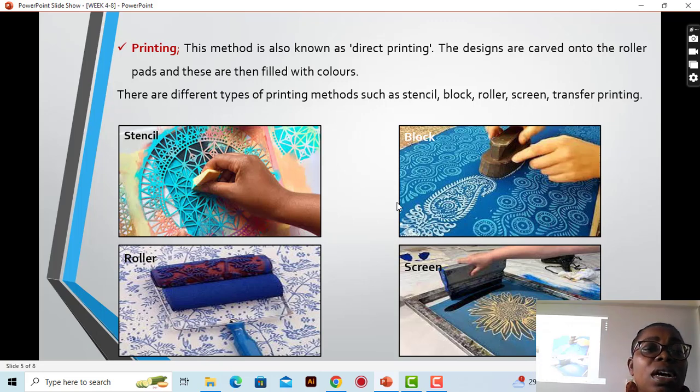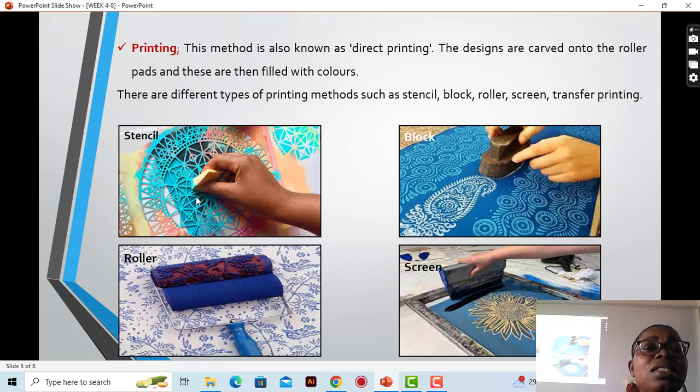Now, one way of printing is through stenciling, where you have your designs on paper or usually on transparency. So you put your design on transparency and then you cut out the negative areas and leave the areas you want on your design. Are we okay? Yes, so that is stenciling.